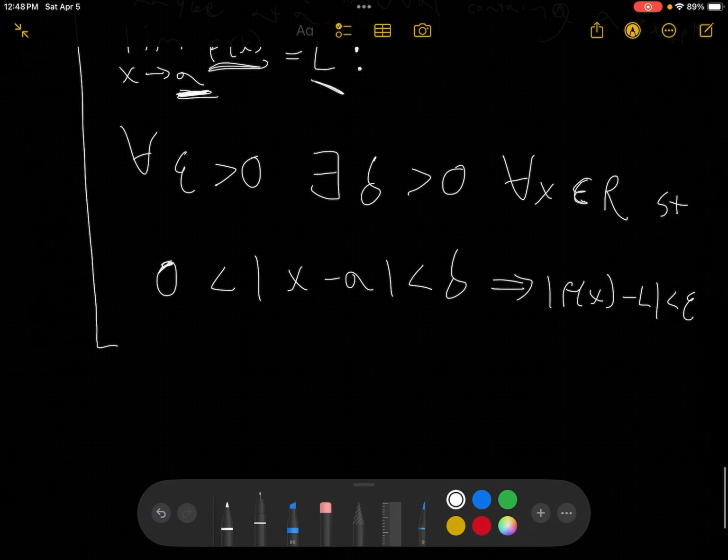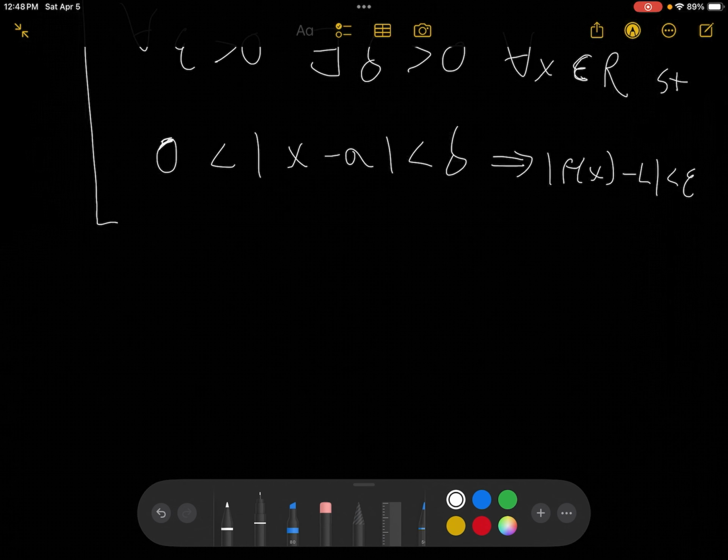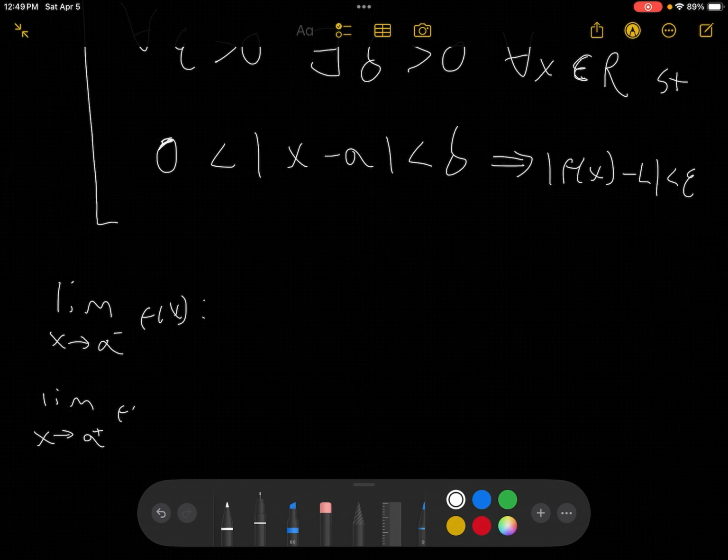And now we can also pretty easily define the concepts that we mentioned last time, which are the limit as x approaches A from the left, and the limit as x approaches A from the right. And we can do this pretty easily by referring to the manipulations we did earlier with absolute values and the distances between numbers.